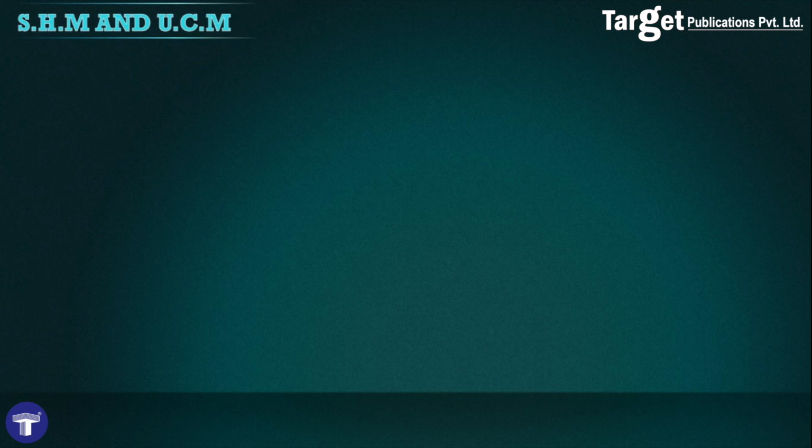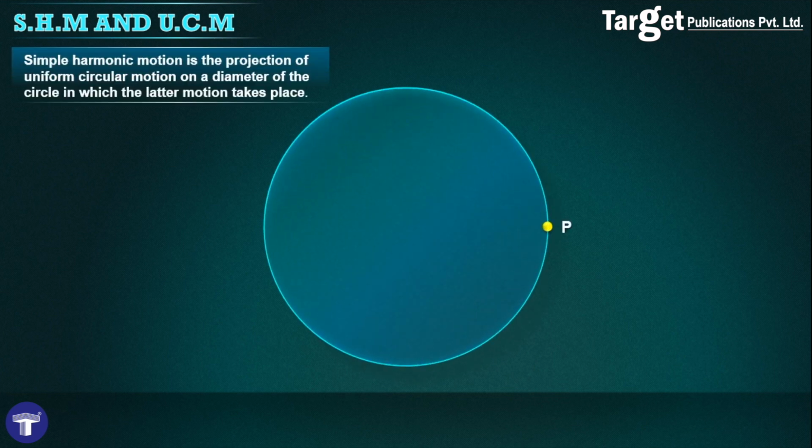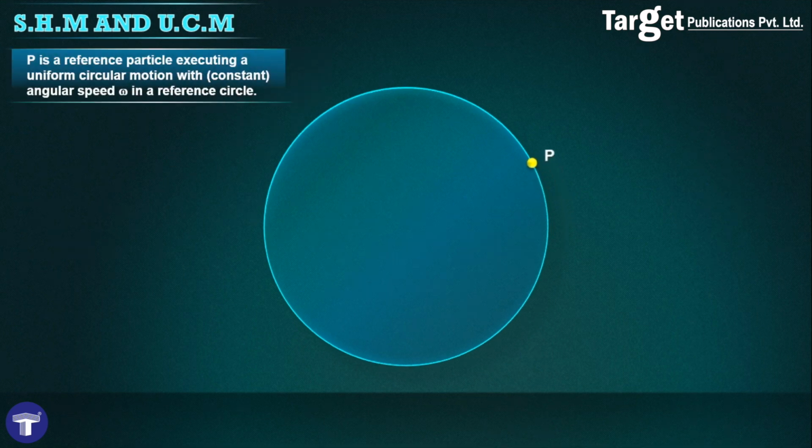A useful way of analyzing simple harmonic motion is by studying its association with uniform circular motion. Simple harmonic motion can be considered to be the projection of uniform circular motion on the diameter of a circle in which the uniform circular motion takes place. To do this, let's study the motion of a particle P, which is known as the reference particle.